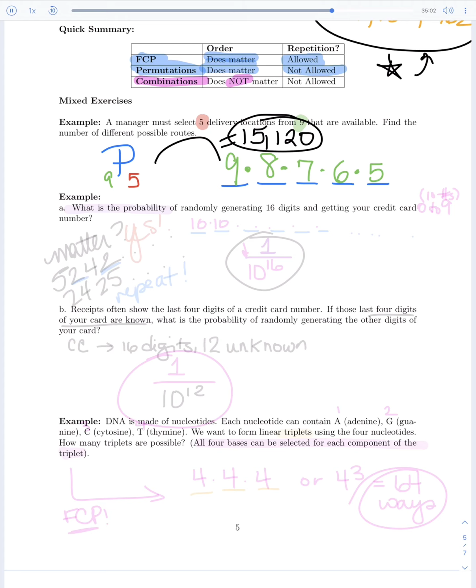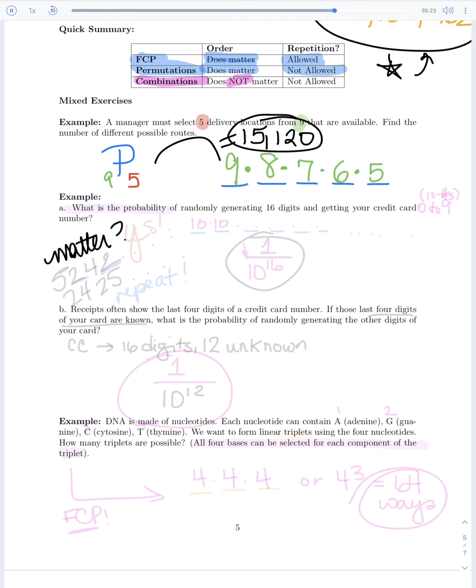Here's another one. What is the probability of randomly generating 16 digits and getting your credit card number? Well, first of all, let's talk about credit card numbers. Does order matter? Remember, this should always be our first thought to determine what we're going to do. Does order matter?